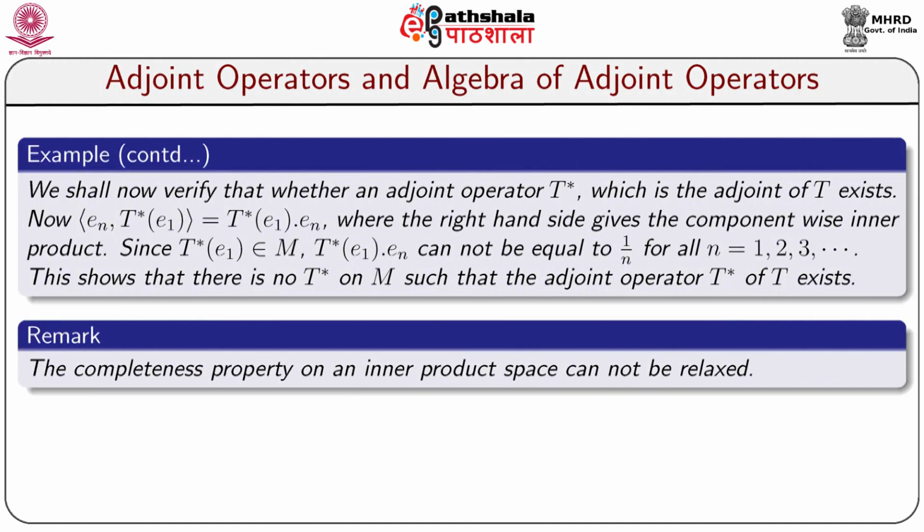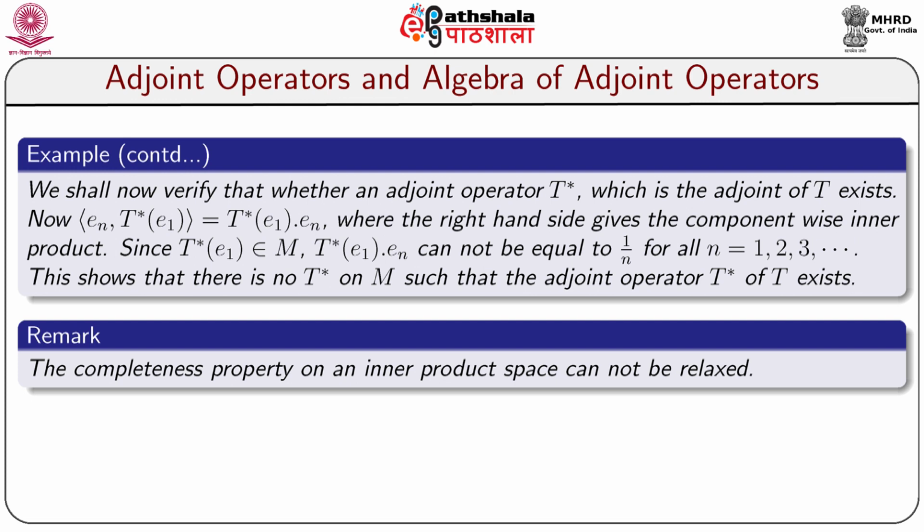We shall now verify whether an adjoint operator T star, which is the adjoint of capital T, exists. Now, inner product En, T star E1 is equal to T star E1 into En, where the right hand side gives the component wise inner product. Since T star E1 belongs to capital M, T star E1 into En cannot be equal to 1 by n for all n equal to 1, 2, 3, and so on.